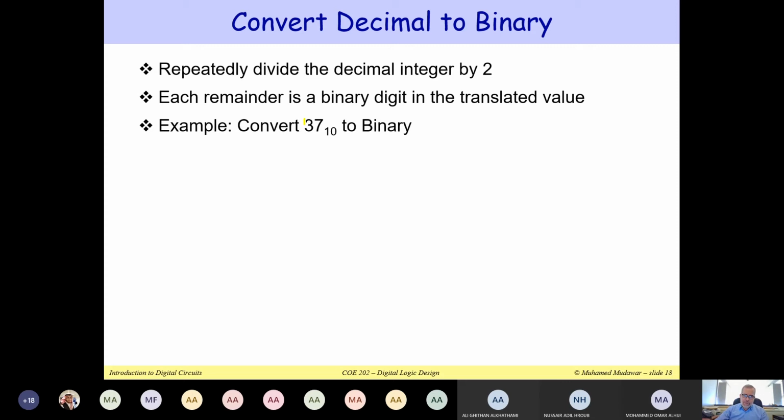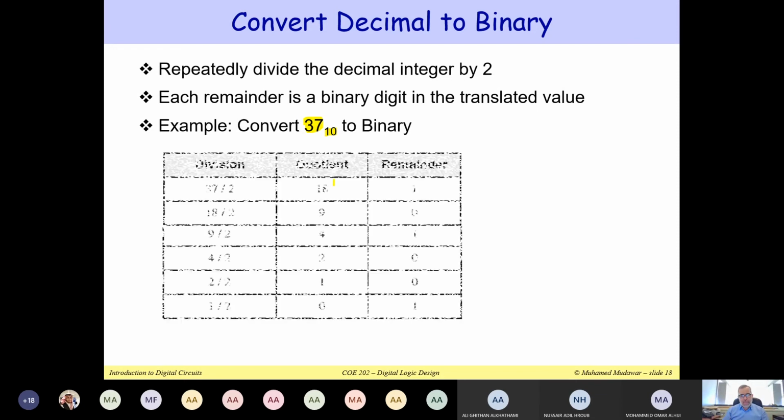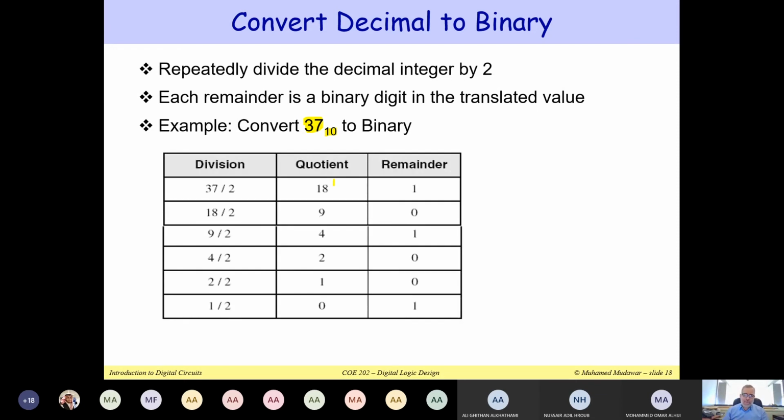Suppose I would like to convert 37. Now this 37 is in decimal, I'm writing 10 here to emphasize that this 37 is decimal. I would like to convert it to binary. So in order to convert the number 37 to binary, I'm going to divide 37 by 2. When you divide 37 by 2, you get 18, in fact 18.5.